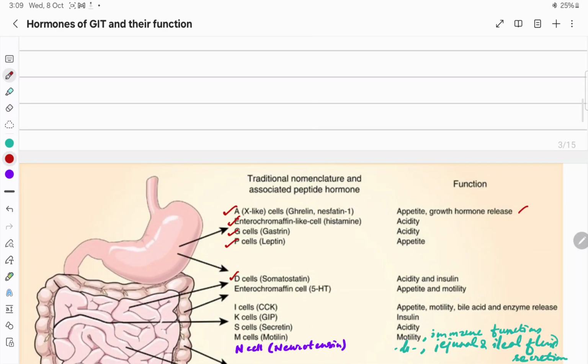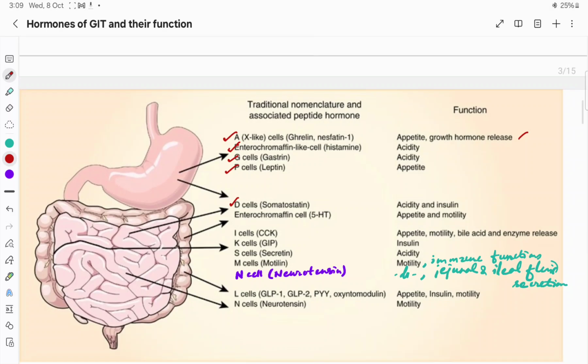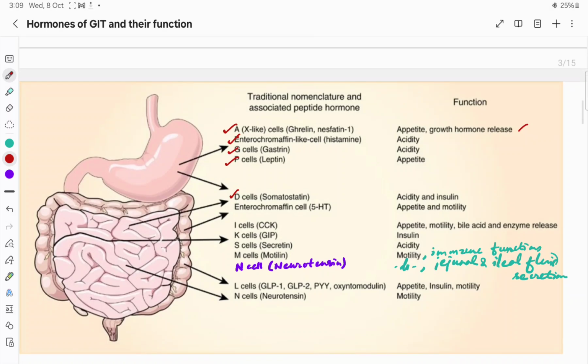Histamine stimulates the parietal cells of the GIT to secrete hydrochloric acid. Then the G cells secrete gastrin, which helps in acid secretion. P cells secrete leptin, which helps in increasing the appetite.